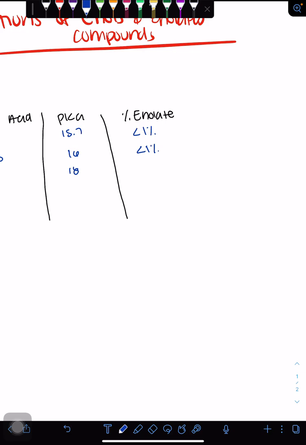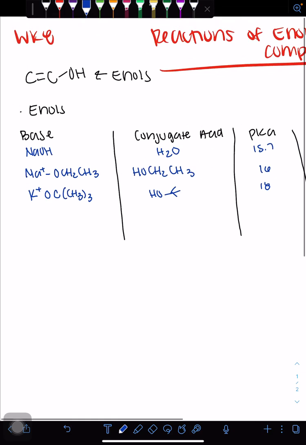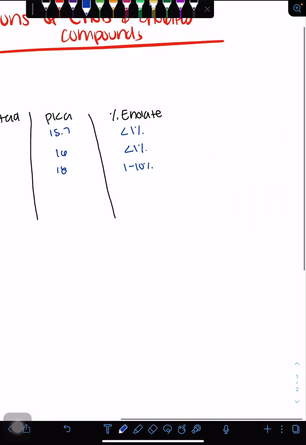And that'll give us around 1 to 10% enolate. But if we were to react it with just NaH, not NaOH, with a conjugate acid of H2, the pKa would be 35. So here it's a big jump. And the percent of enolate is actually 100%.